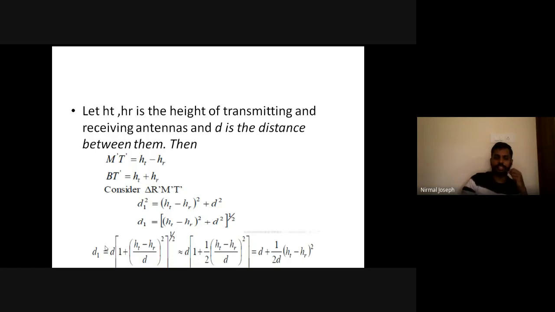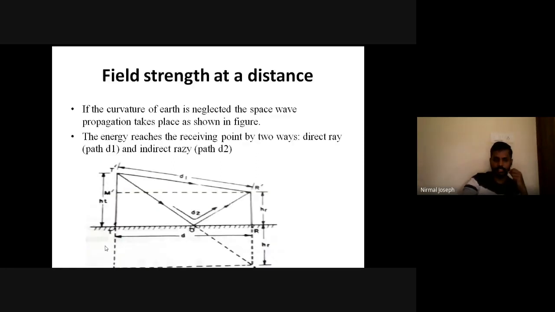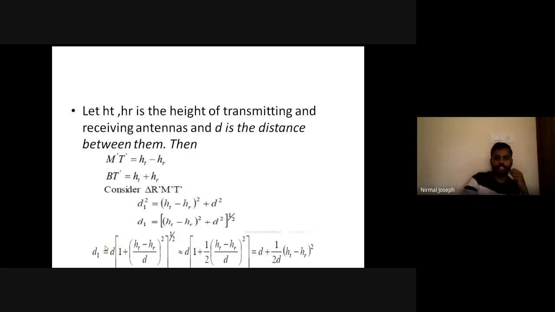Consider the triangle R dash M dash T dash that I mentioned initially. We are considering R dash M dash T dash to find D1. D1 square will be equal to HT minus HR the whole square plus D square. So D1 will be the root of that: root of HT minus HR the whole square plus D square will be D1.